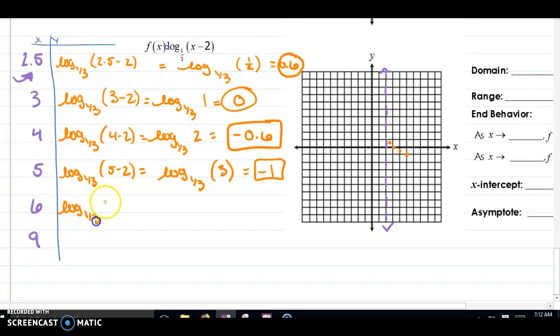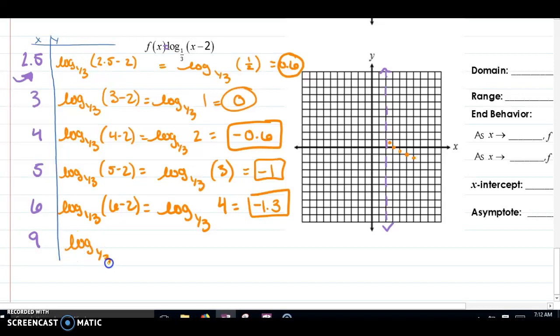Log base 1/3 of 6 minus 2 is log base 1/3 of 4. And that would be in your calculator, log of 4 divided by log of 1/3, which is negative 1.3 approximately. 6 comma negative 1.3. And then I skipped ahead to 9 because I'm going to keep getting decimals, but I know that in my head I can do, actually I won't be able to do 9.